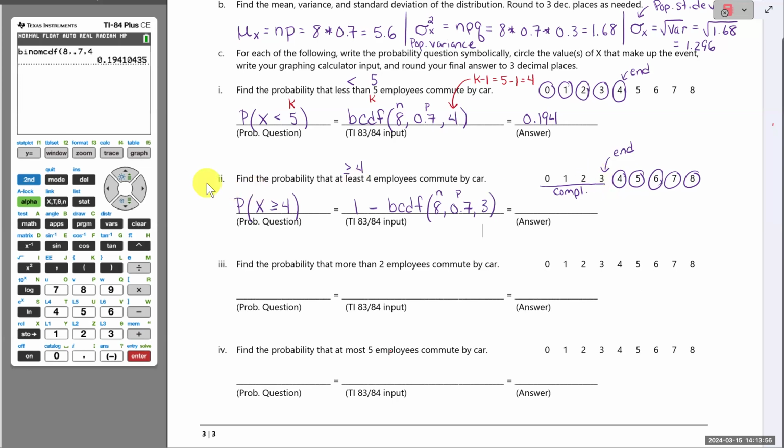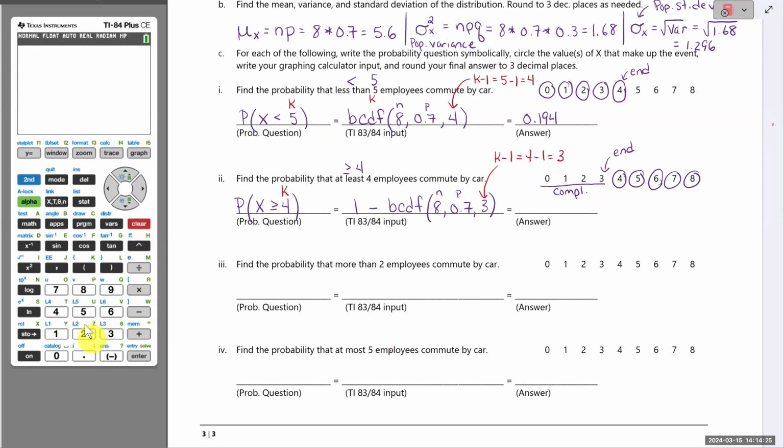If you want to use my table to get that answer, the table above says the case of x greater than or equal to k, we go syntax 1 minus binomial CDF N, P, and then that value 3 was found with k minus 1. So 4 minus 1 gives you that 3. Okay, and actually I will type this one in with you as well.